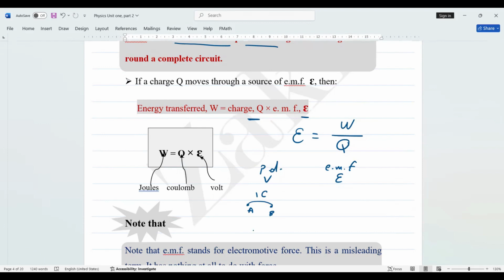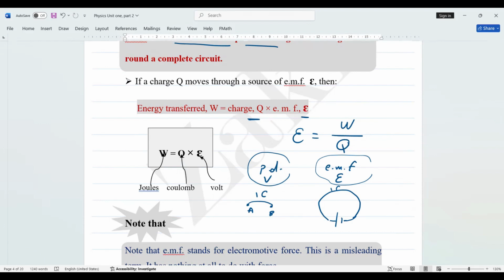But the energy transferred to move 1 coulomb around the whole circuit, not between 2 points, this is called EMF. So this is the potential difference, and this is the EMF. Both are energy transferred per unit charge, but the first is between 2 points, the second, EMF, is for the whole circuit.